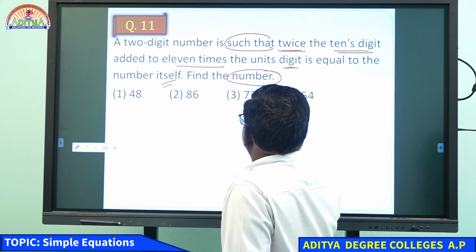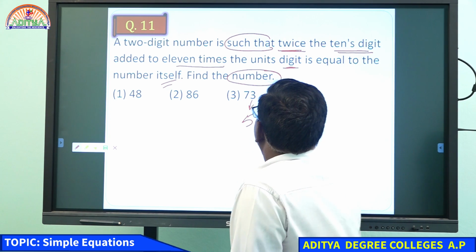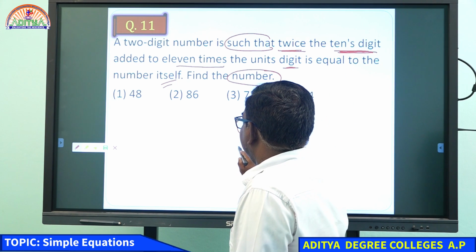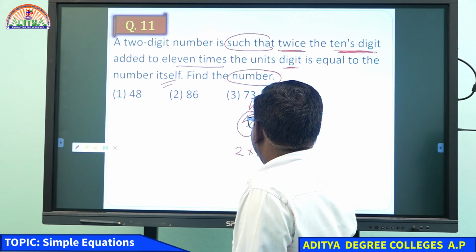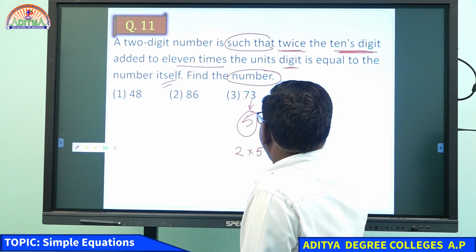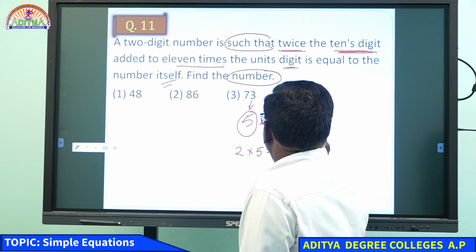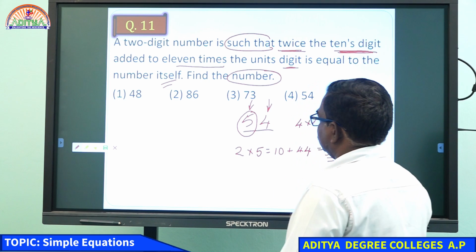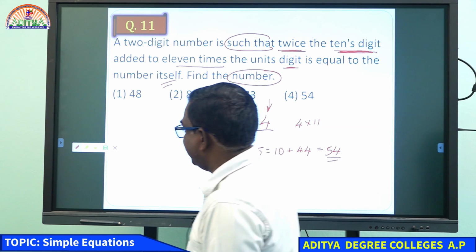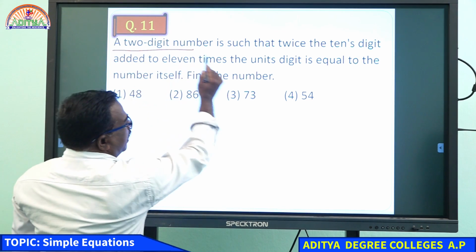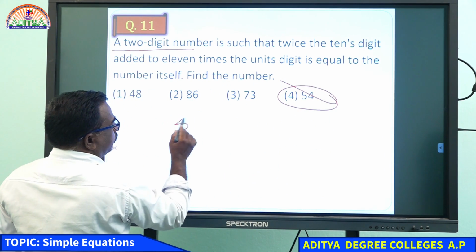If you take 54, this is the unit digit, this is the tens digit. Twice the tens digit added to 11 times the unit digit: 11 fours are 44, plus 10 is 54, right? Once again I am explaining. The condition is a 2-digit number, and I am taking it as 54.